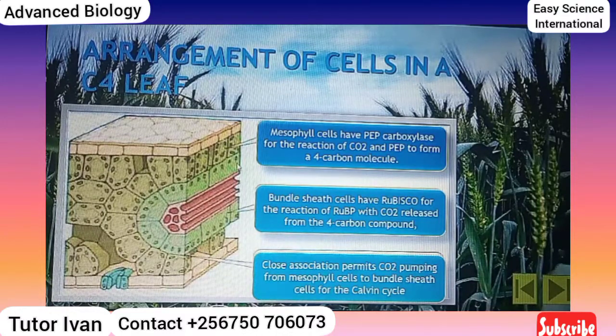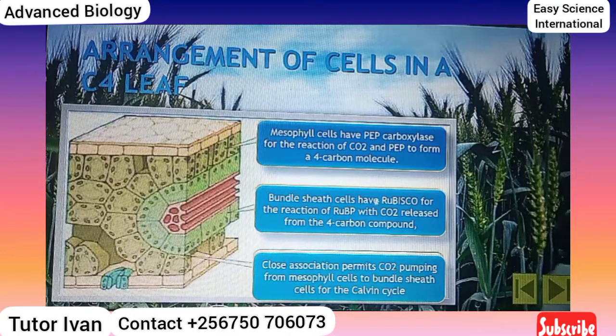Then there is another, inner ring of what we call the bundle sheath cells. In these bundle sheath cells, we have rubisco, that is ribulose bisphosphate carboxylase oxygenase.